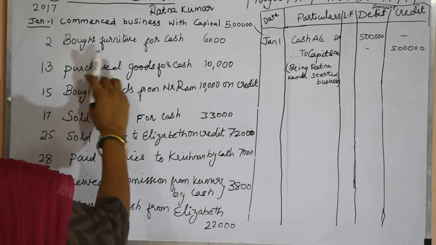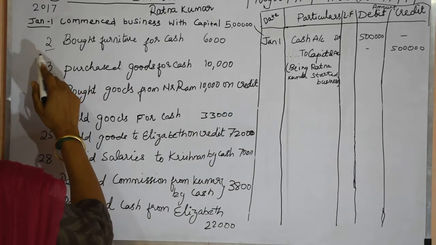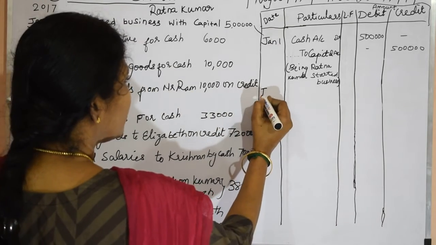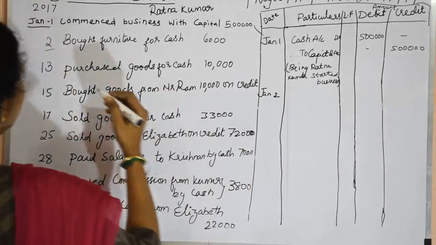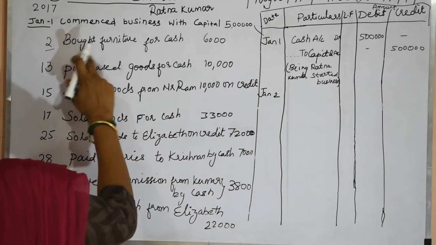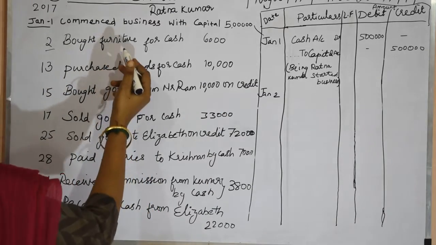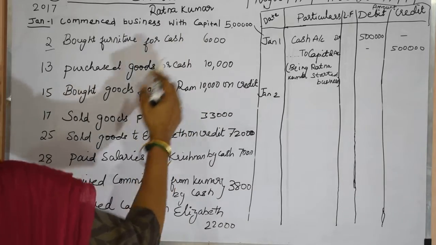Next one is bought furniture for cash 6,000. On 2nd Jan he bought furniture for cash, so we have to write Jan 2nd in the date column. Bought furniture means he is buying the furniture by giving cash of 6,000.